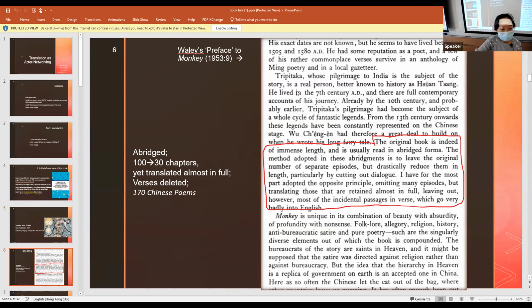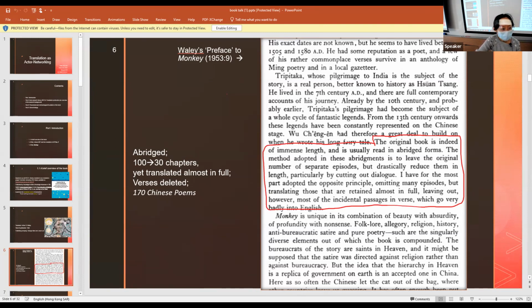It's more like an edited or abridged version of a translation. The original has altogether 100 chapters, whereas Waley chose to translate only 30 chapters. The chosen content was almost translated in full, but with the verses deleted.